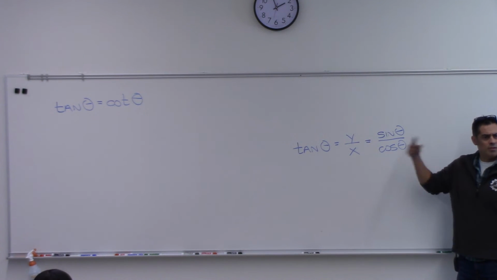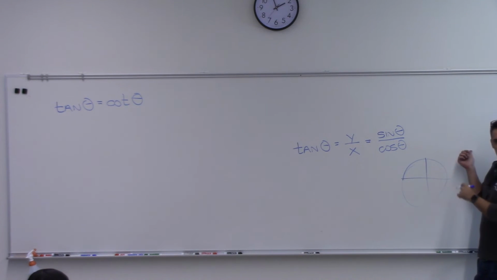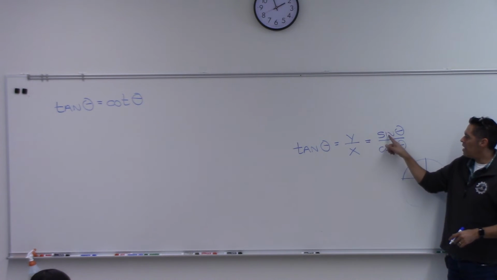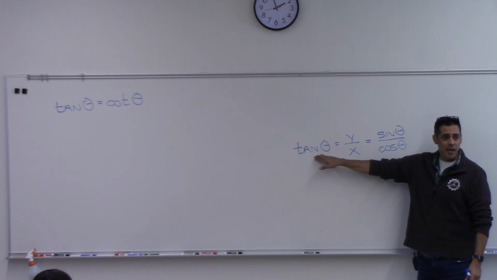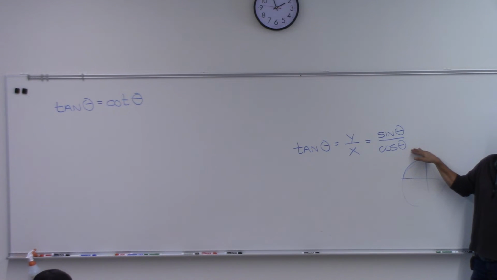Right? On the unit circle, we just established that, didn't we? I wrote this when we did the Pythagorean identity, the x is always cosine theta and the y is always sine theta. So tangent of some angle, theta, is the same as sine of the angle over cosine of the angle. Do y'all disagree? Have any questions on that?